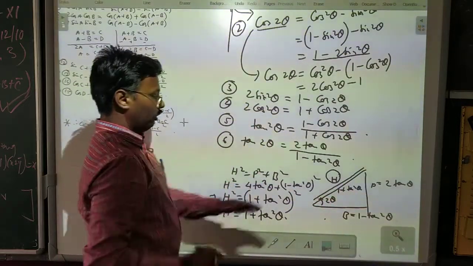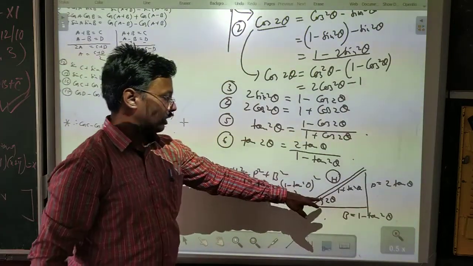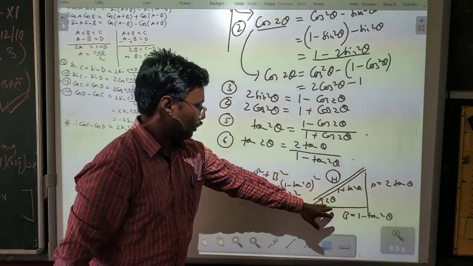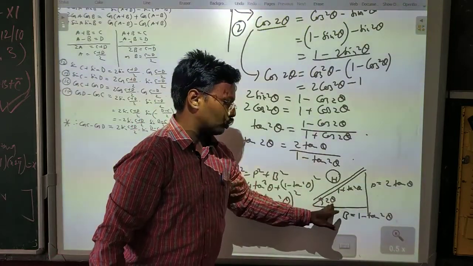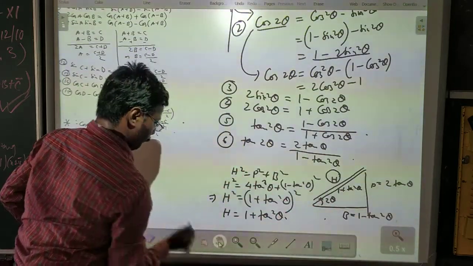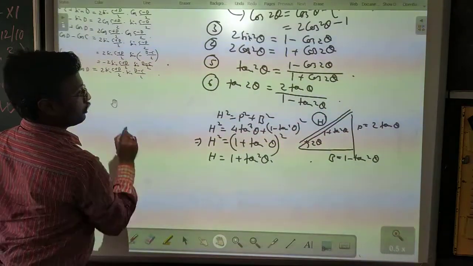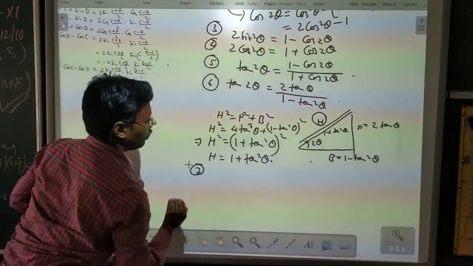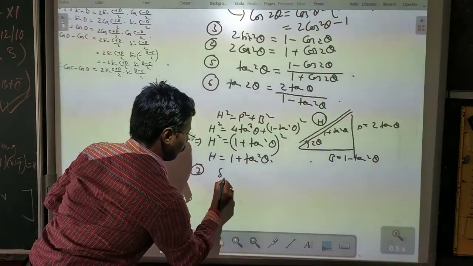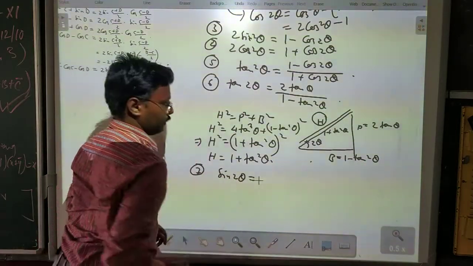Now when you have all three sides given, easily you can get the formulas of sin 2 theta and cos 2 theta. So from this we will be getting the formula sin 2 theta.